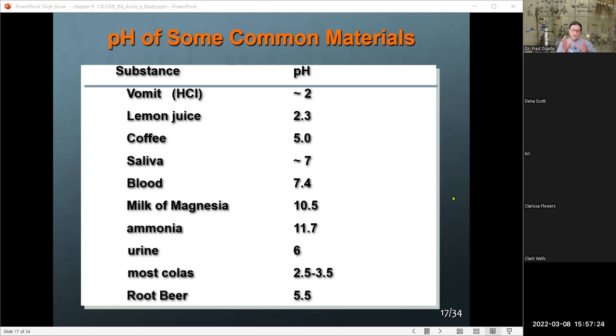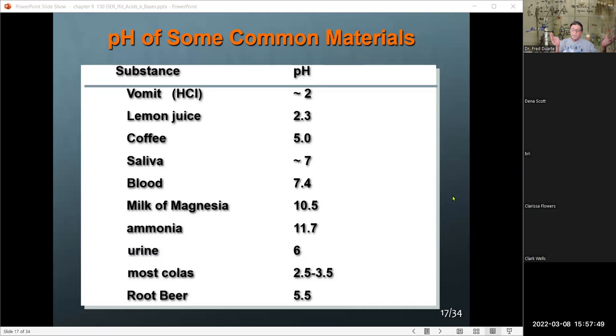Coffee varies a little bit. Saliva, again, depends on your diet and what you're drinking. Blood, pretty standard. That's a very important pH. It's slightly alkaline. Okay. Milk of magnesia, weakly basic, about 10.5. Ammonia, about 11, a little bit stronger.